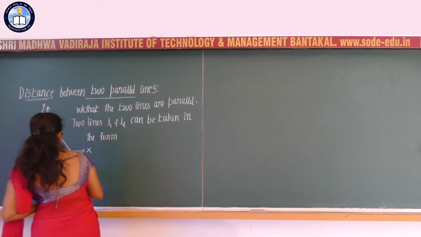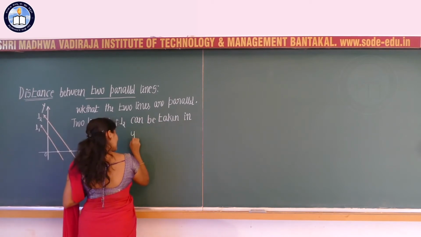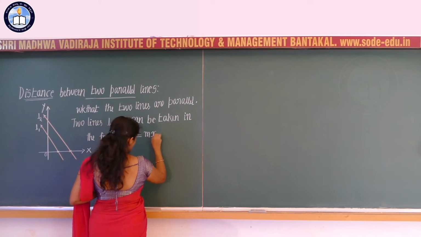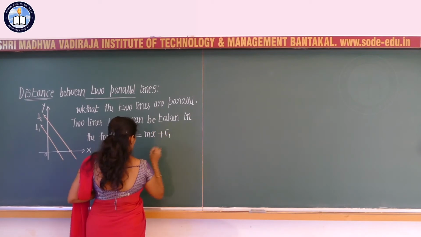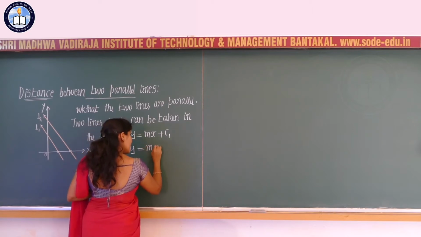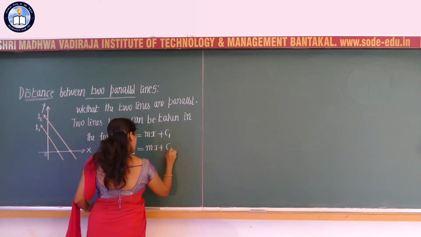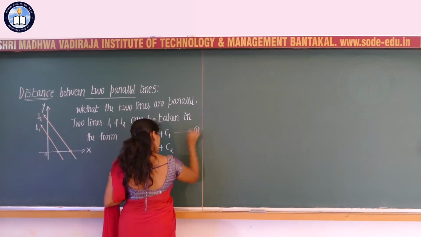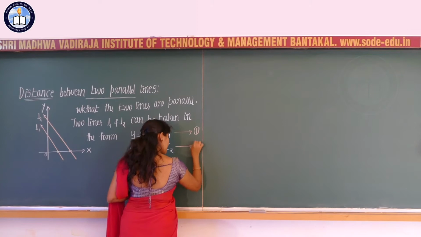First line L1, I will write as y = m x + c1, and the second line I am going to write as y = m x + c2. So this is nothing but the first equation and the second equation.